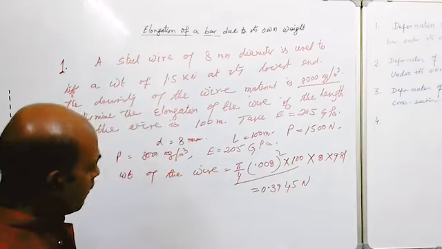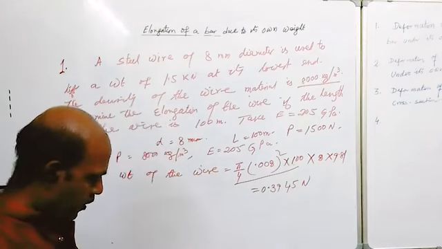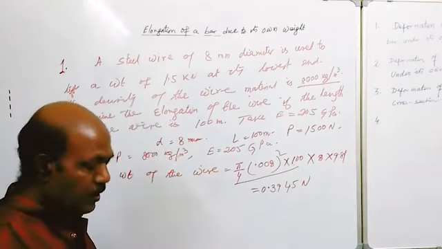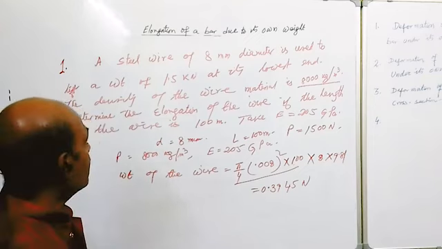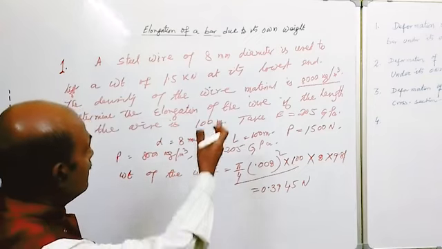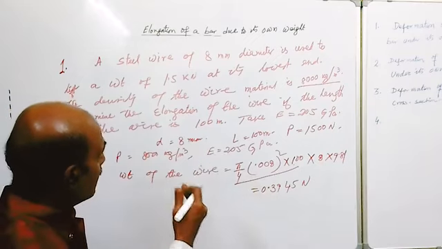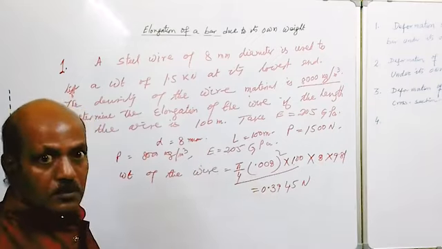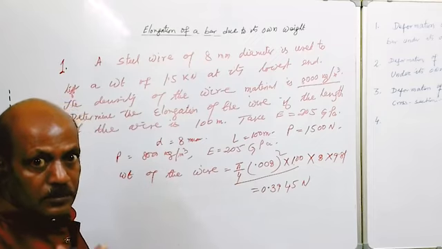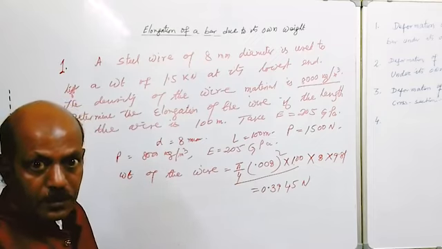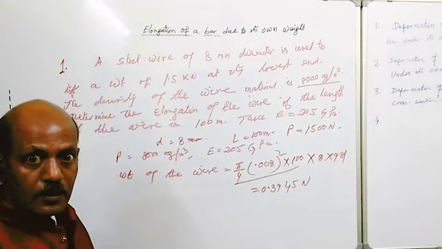So 0.3945 Newton is the weight of the wire. Now elongation of the wire takes place due to two reasons. One is the weight acting at the bottom of the wire and the other is its self weight.